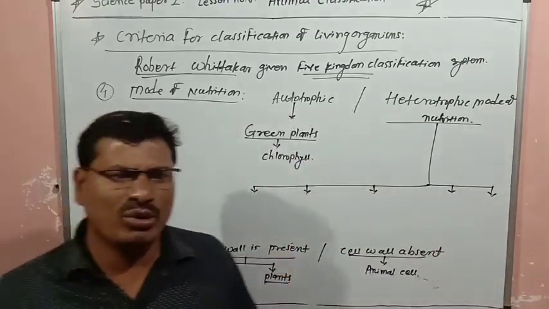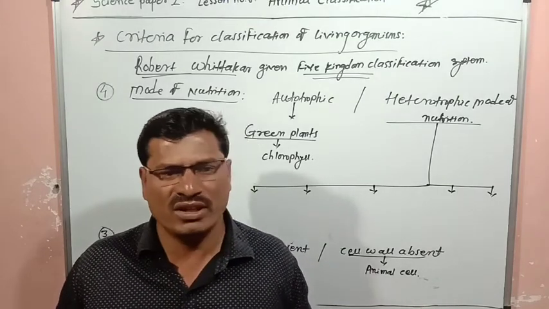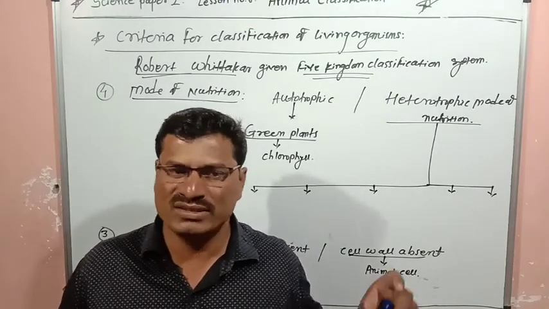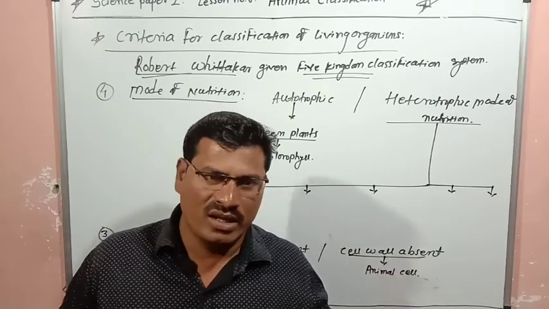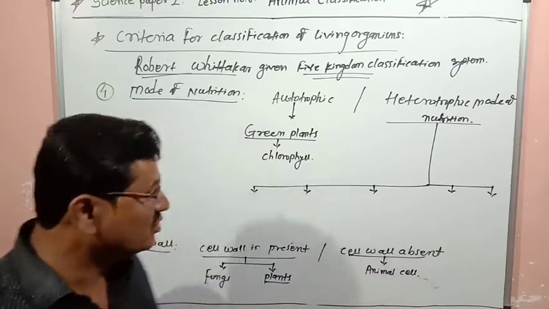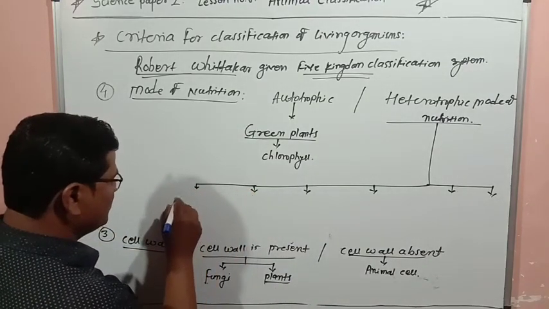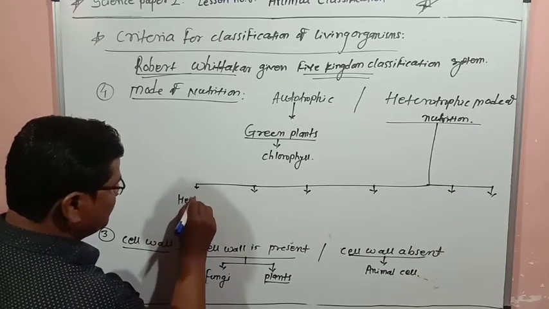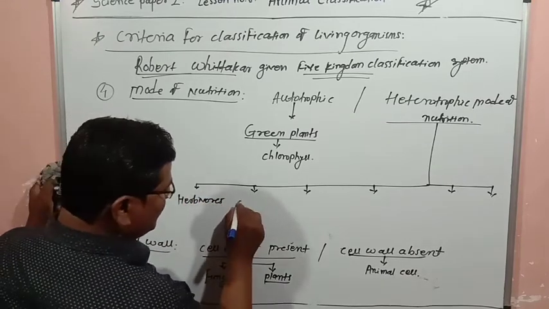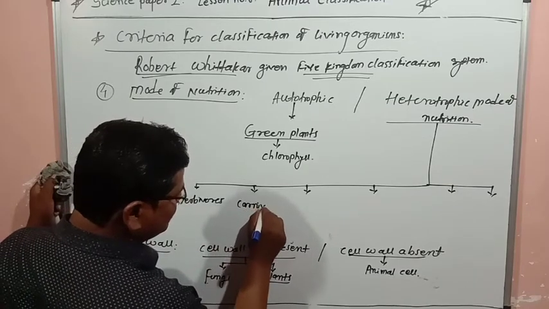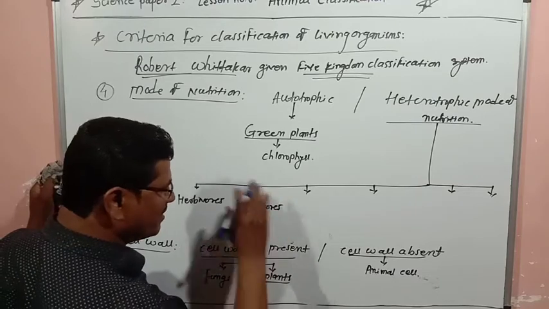So in heterotrophic, herbivores are there, carnivores are there, omnivores are there, scavengers are there, insectivores are there, and decomposers are there. So many are there. According to mode of nutrition, herbivores are there, then carnivores are there, then primary, secondary, tertiary.